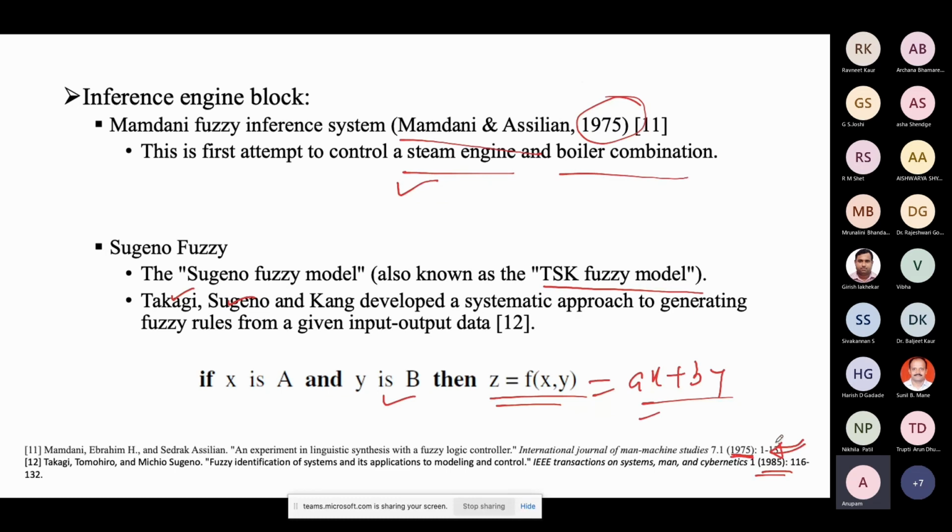So 1975, and still we are using this technique. I also use Mamdani and Sugeno. In one of the applications I used Mamdani, in another I used Sugeno. However, other techniques are also available, right? But because this is a famous one, and most of the researchers are using it, that's why I also use it. Another reason is that it is a well explored technique, right?